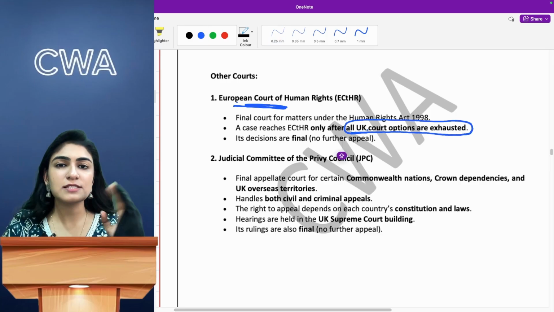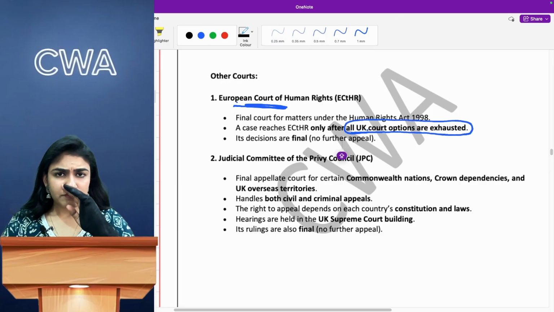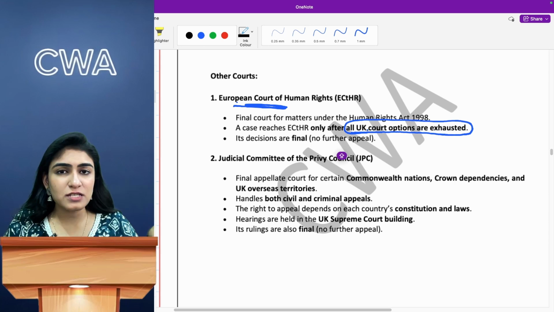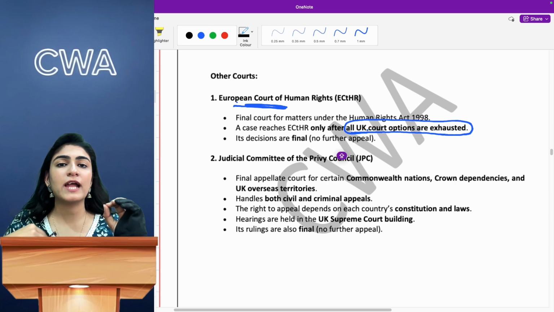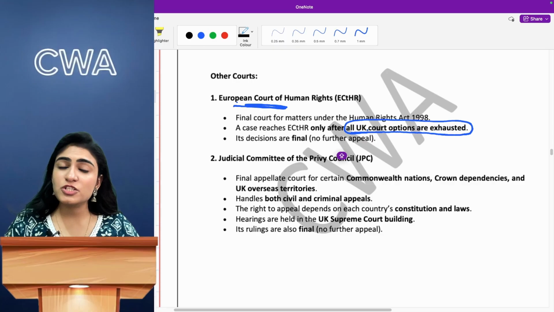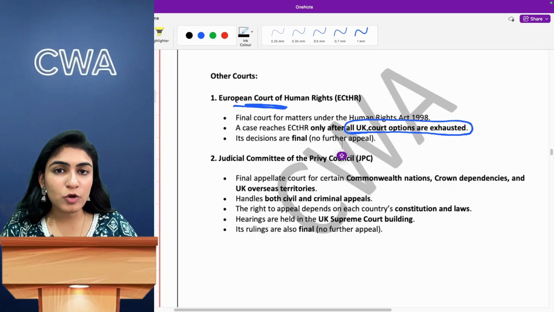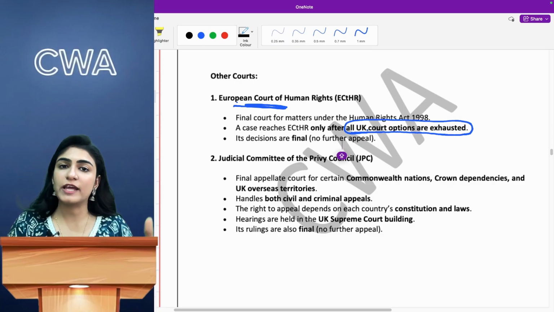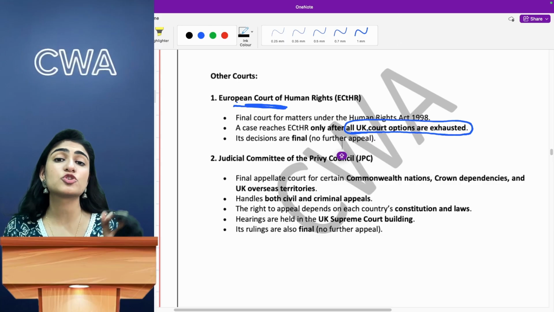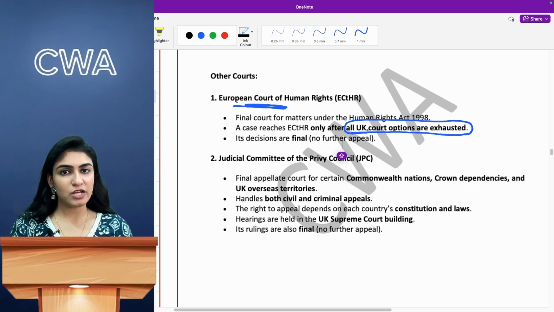So we just discussed that the UK Supreme Court is the last court that you can go to, and any verdict or judgment passed by the UK Supreme Court is the final judgment, and you are supposed to be bound by that judgment.